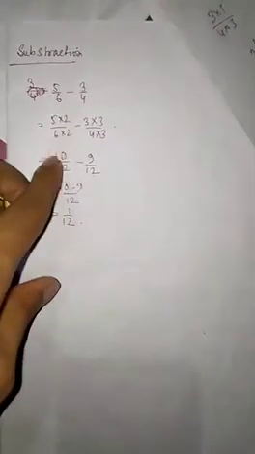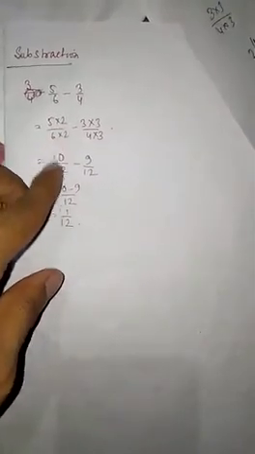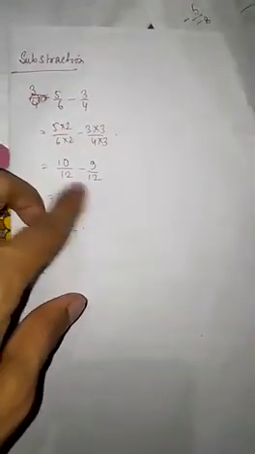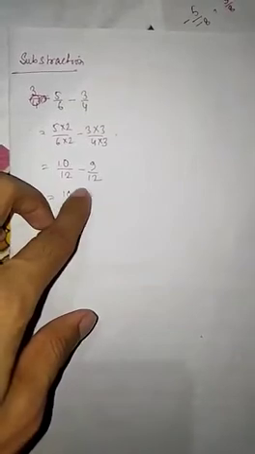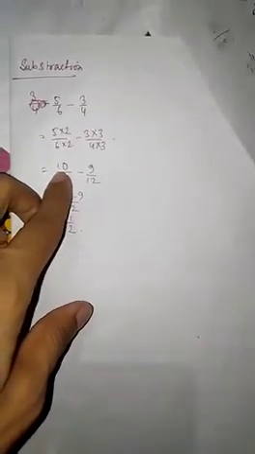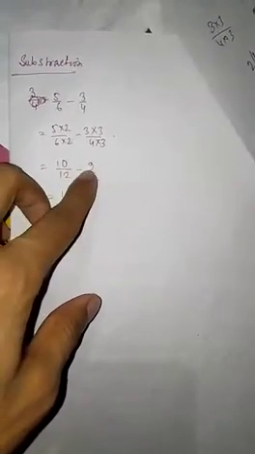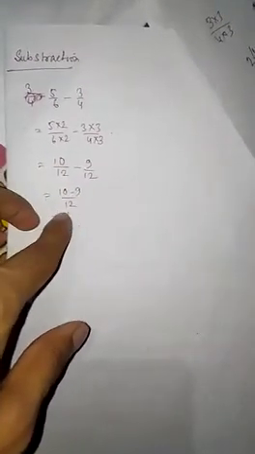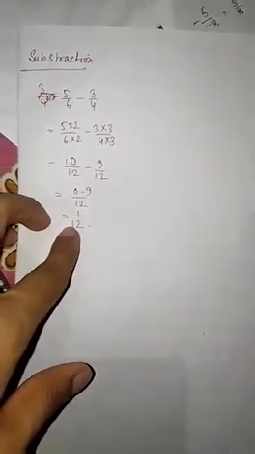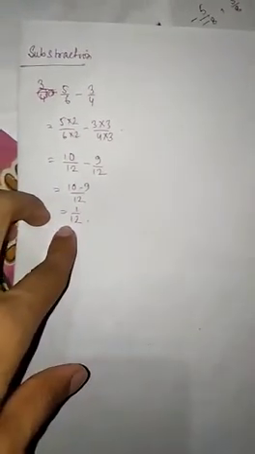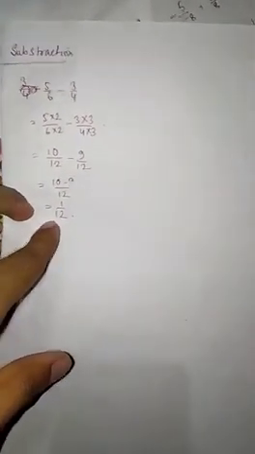So 5 into 2 by 6 into 2, that means 10 by 12 minus 9 by 12. So the denominator is 12, and then we need to subtract the numerator of the second one from the first one. So 10 minus 9 by 12, 1 by 12 is the answer. So 1 by 12 is also a rational number.